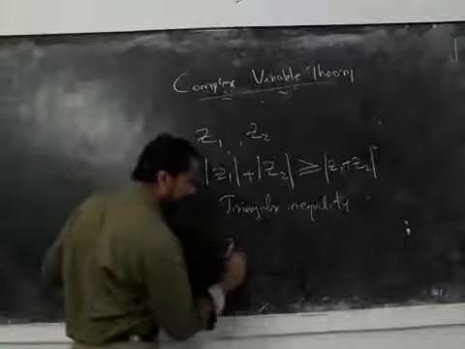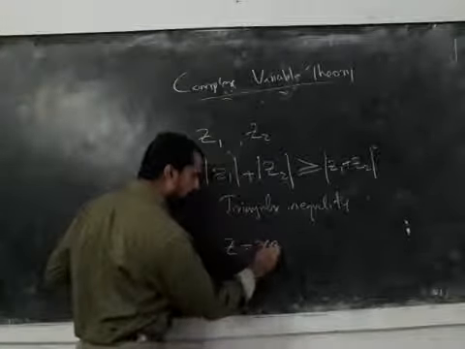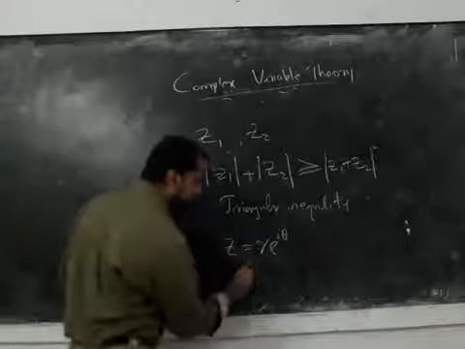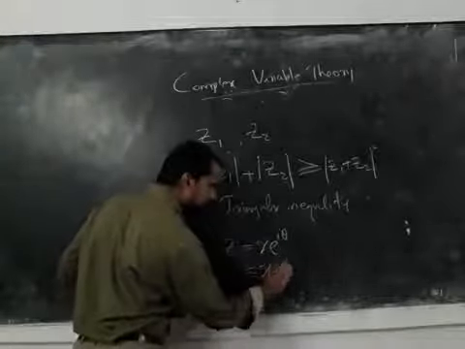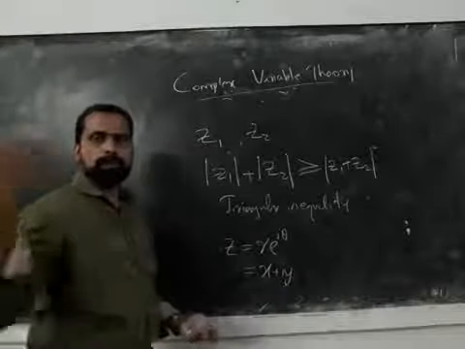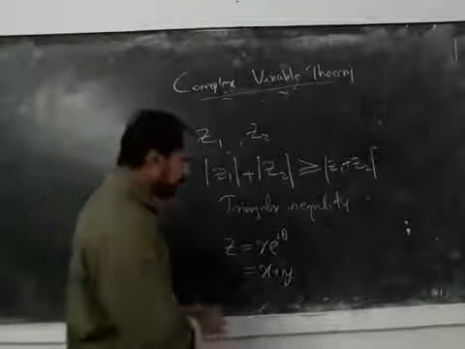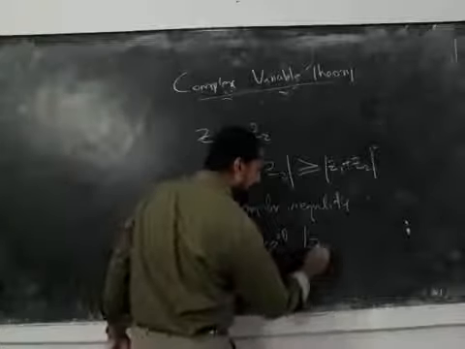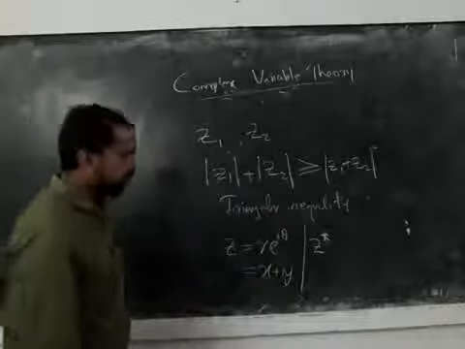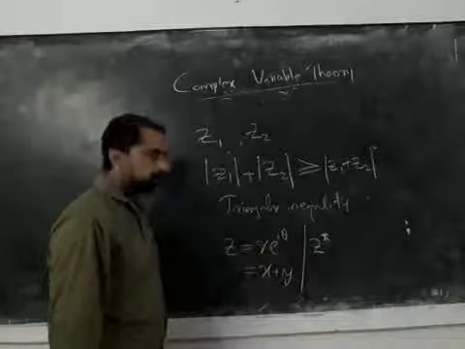Another thing: I mentioned z is equal to r e raised to i theta, or in the Cartesian coordinate x plus iy. If you want to take the complex conjugate, then what would be z star? This is represented by z star, or sometimes z bar as well.